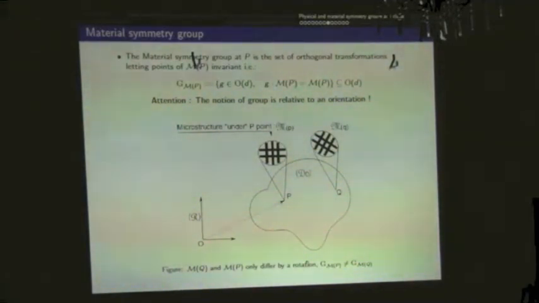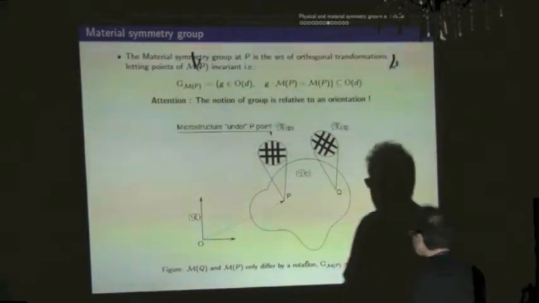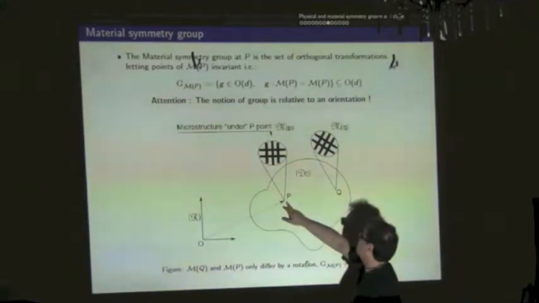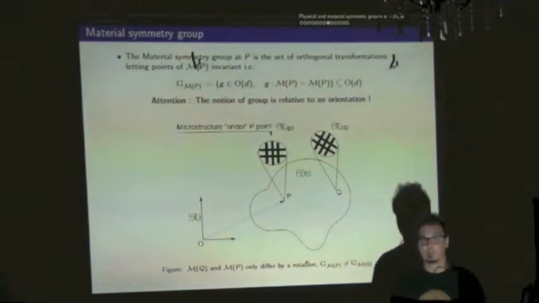Here, I got the same. So the question is always, when I say the same, what do you mean by the same? If you don't give a definition to the same, a lot of people in a room may or may not agree on whether things are the same or not. So here, is the structure at P the same as at Q?